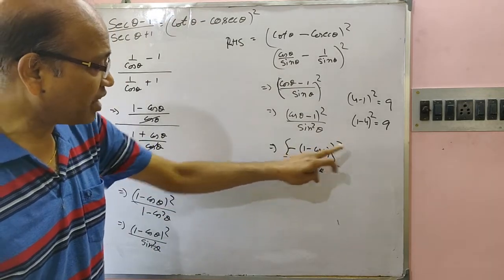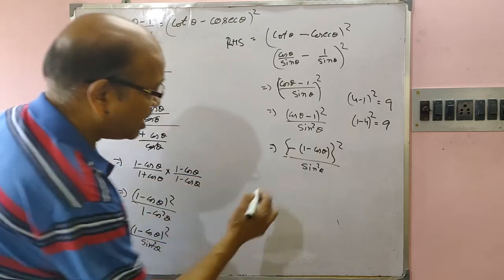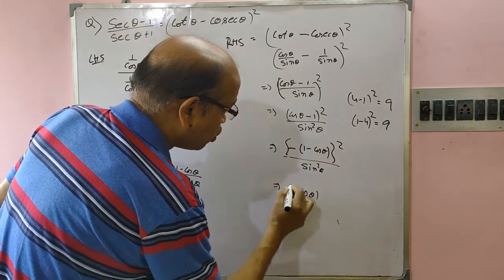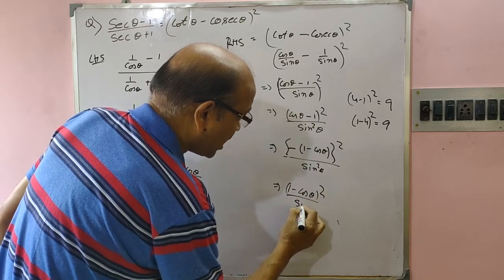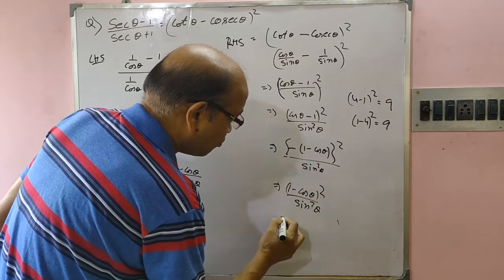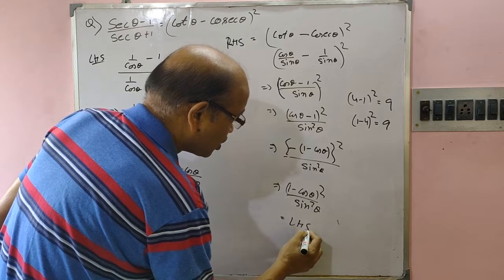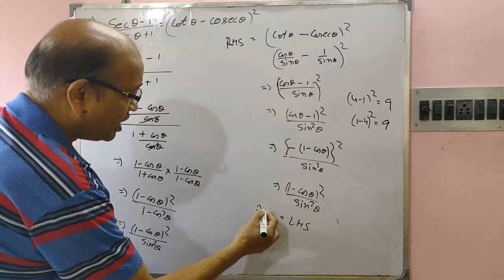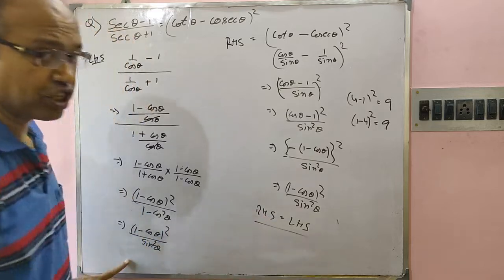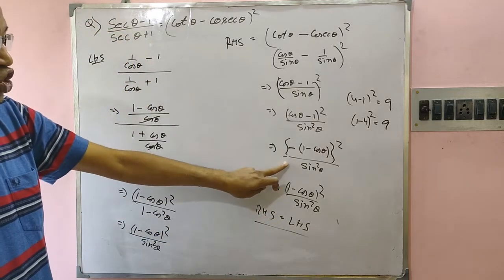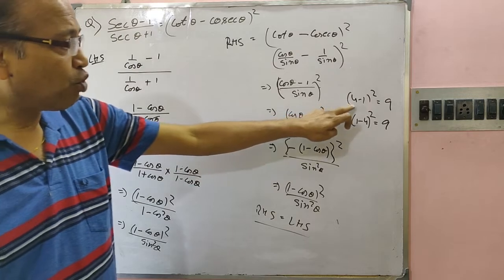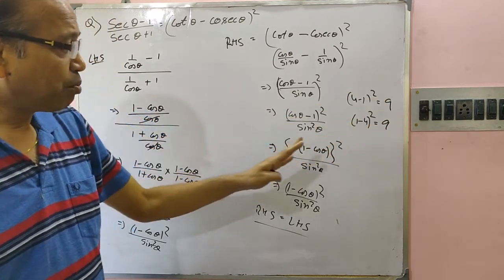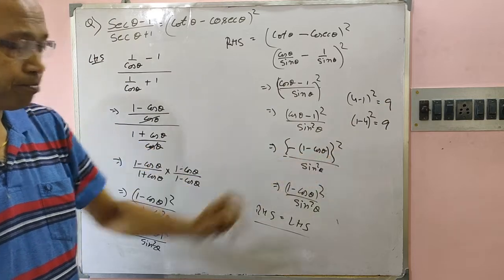Now when I square this, the negative sign becomes positive and I get (1 minus cos theta) whole square by sine square theta, which equals your LHS. Therefore right hand side equals your LHS. Is this step clear? 4 minus 1 whole square and 1 minus 4 whole square are the same thing, because of the square.